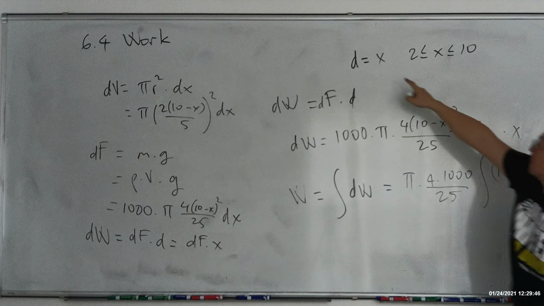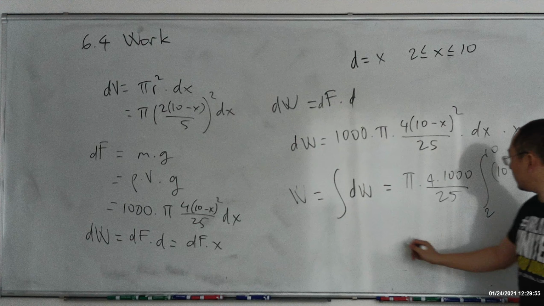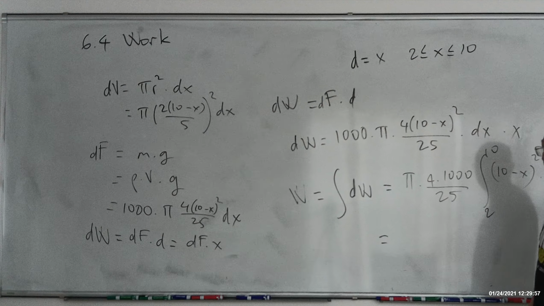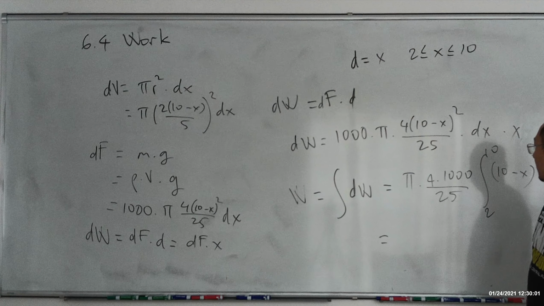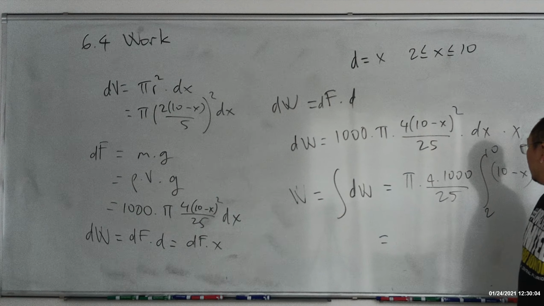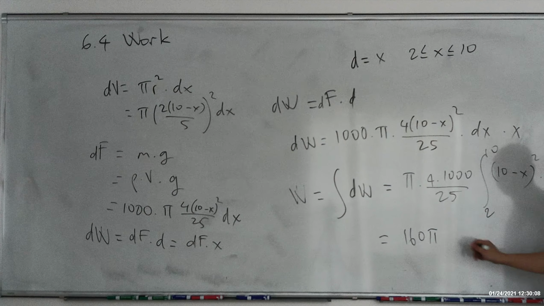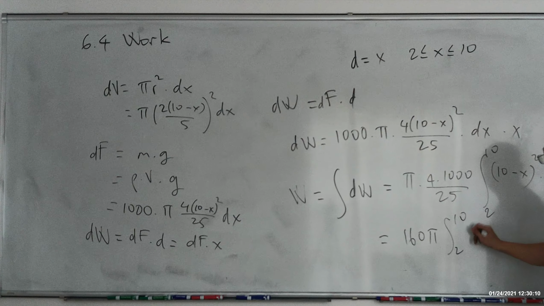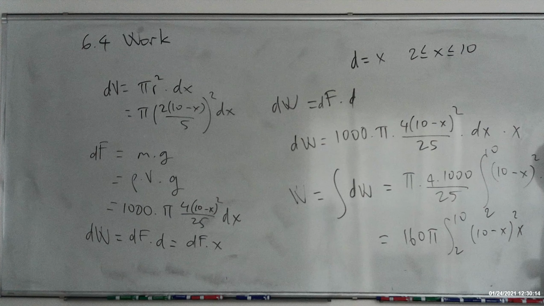You know that d is x. And then times x dx, and x runs from 2 to 10, as we mentioned before. And then you simplify this number. It's 1,000 times 4 is 4,000, divided by 25, that is 160, I think. And then integral from 2 to 10 of 10 minus x squared times x dx.